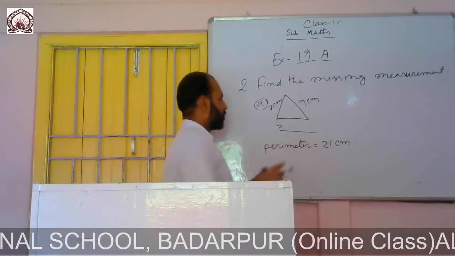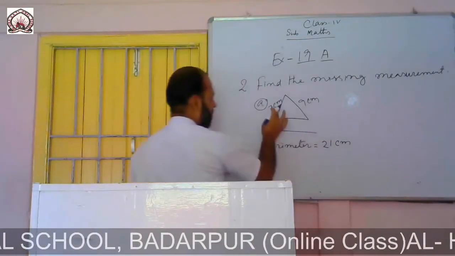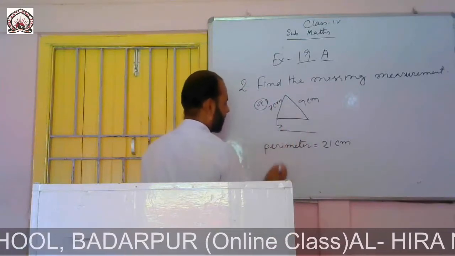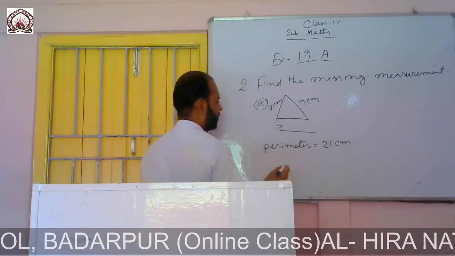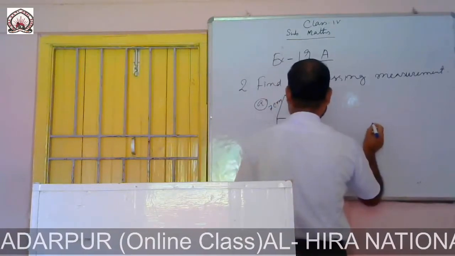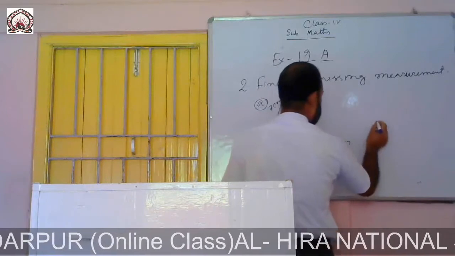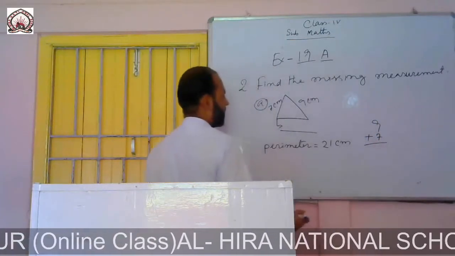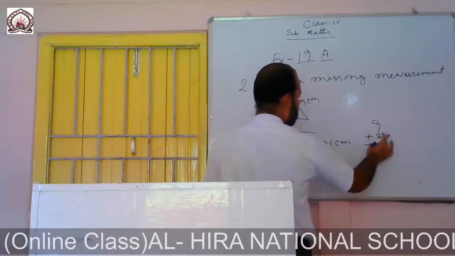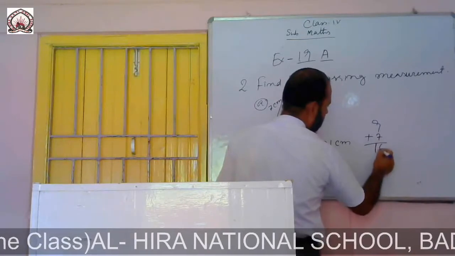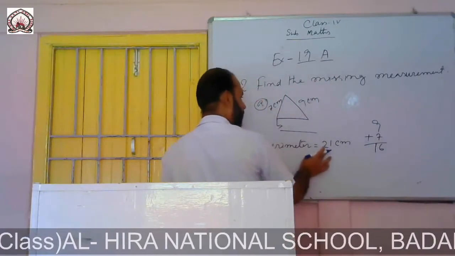First we add these two sides. 9 plus 7 is equal to 16, and here 21.